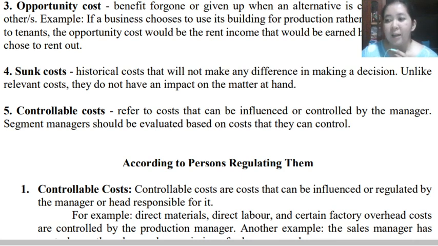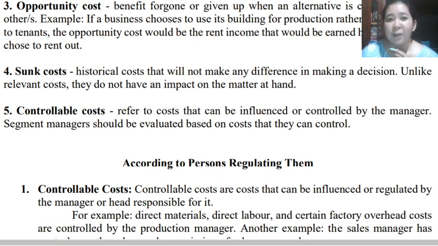An example of a sunk cost is your payment for electricity. That will be considered a sunk cost because it will not give you any future benefit and it will not affect your decision making. So those are sunk costs.